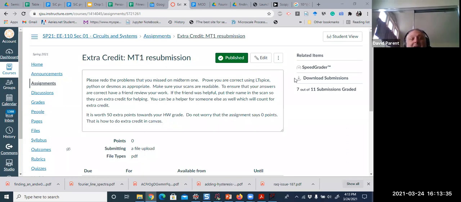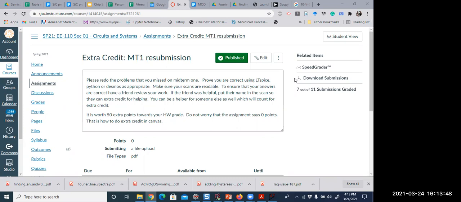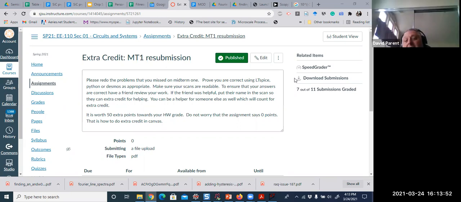I put a due date because I just had a feeling if I don't, other priorities will crop up, and you really want this done as soon as possible. Again, I'll tell you what's wrong, and if it's still wrong, then you're going to have to come see me to figure out how to get it right. Does that answer your question, Jared? Okay, thanks.